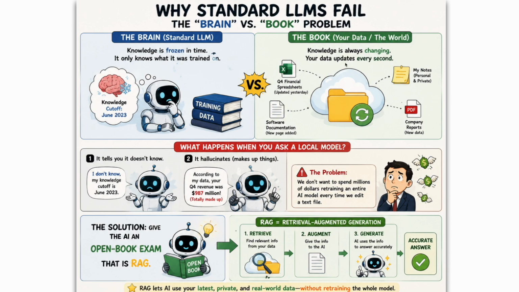Assume that you have a huge book or a huge amount of data. Assume that in a company there are Q4 financial spreadsheets and you might have huge notes, and you want to fetch some specific information from those notes, or you want to know what is the profit or what is the loss from this Q4, or you have some software documentation, you do not have the time to read the entire document and you want only the specific information.